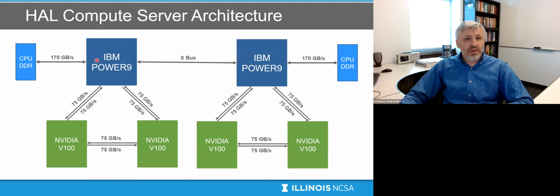So a few words about the compute nodes themselves. As I mentioned, these are IBM Power9 AC922 servers. Each have two Power9 chips, each with some amount of memory connected to it at a very high speed. And then what made the system unique at the time when we were building it was this NVLink interconnect between the GPUs and also going all the way to the Power9 chips.